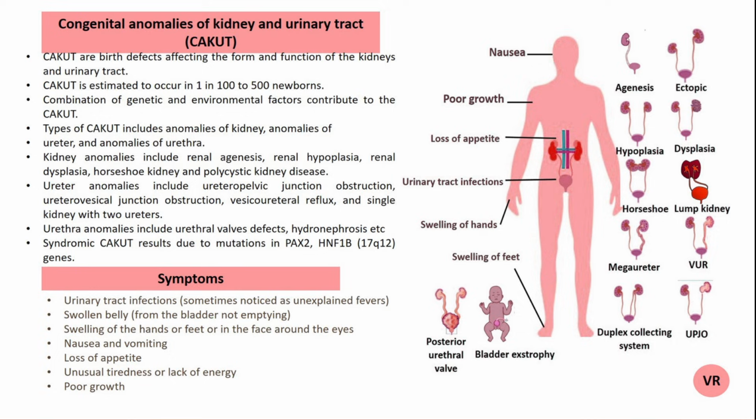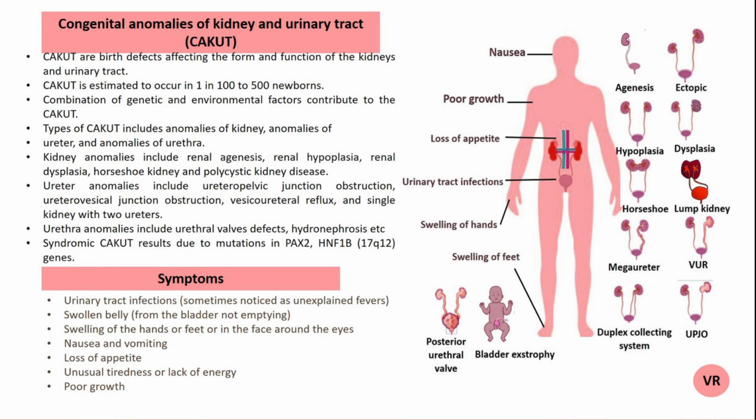In case of exstrophy, the bladder is turned inside out and exposed outside the abdomen. Whereas in case of neurogenic bladder, function is poor due to the nervous system.